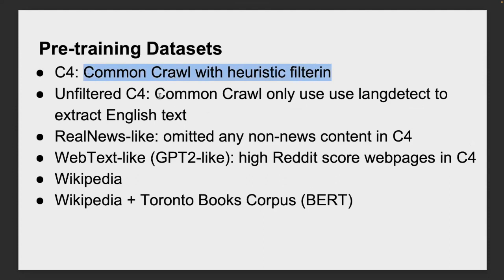And this is again the Common Crawl data set, the C4 data set, but using language detection to extract the English-only text, and it further filters the C4 data set to remove the non-news content from the text. So the C4 becomes a news-like data set.